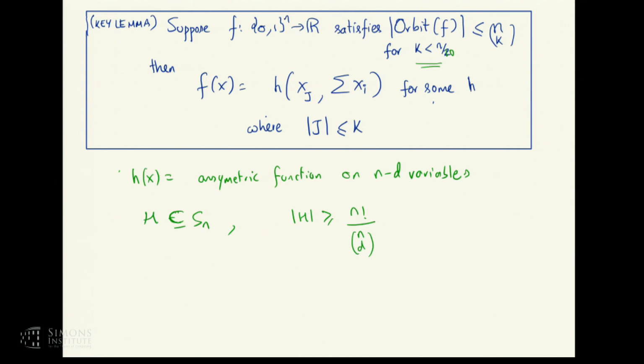Then what could H be? It could be, for instance, all permutations that fix d variables, right? That's what you'd expect. It's essentially something like that, in the sense that H contains all even permutations that fix d variables.